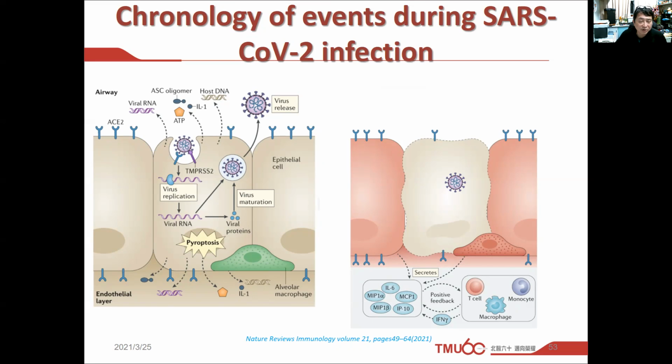And during the replication and assembling of the virus, the infected host cell will undergo a particular stress and go to cell death because of inflammation. We call that pyroptosis.